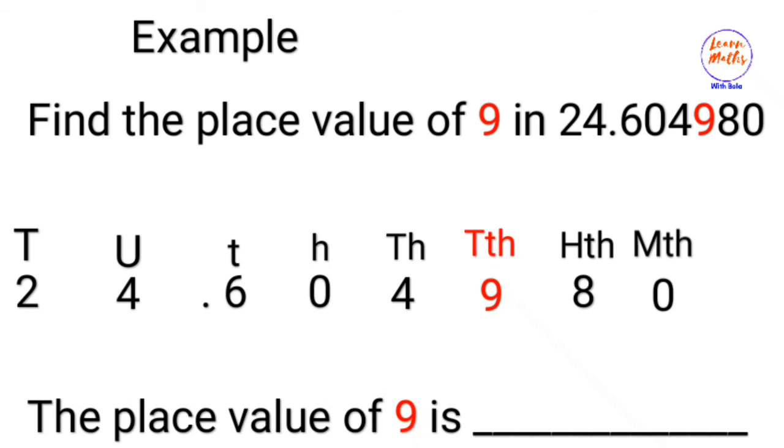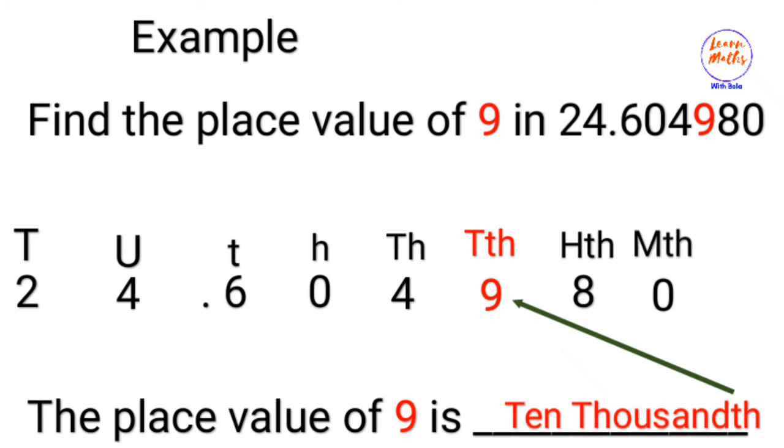So the place value of 9 will be ten-thousandths. Can you see it is very simple? As long as you get each of the positions correctly.